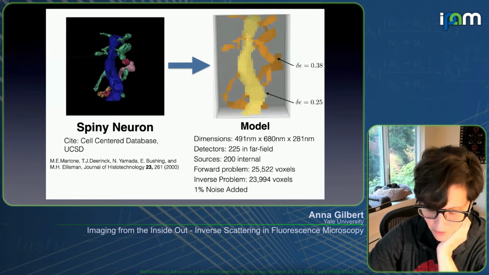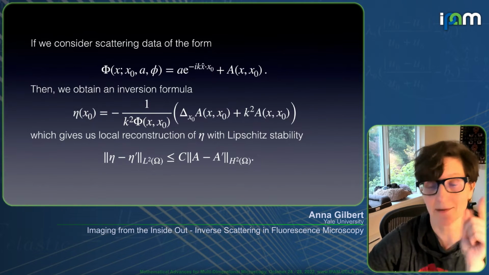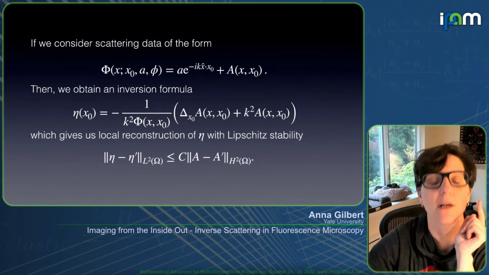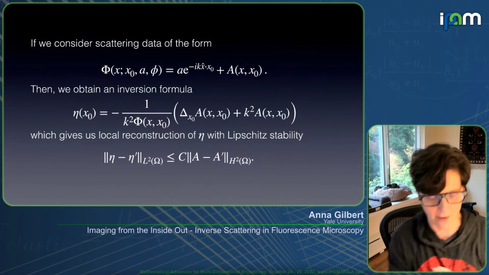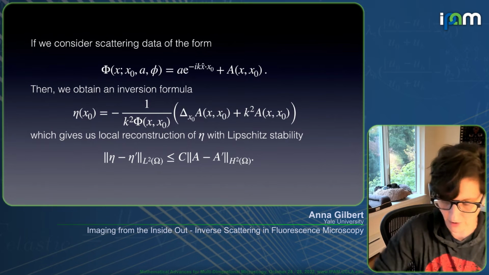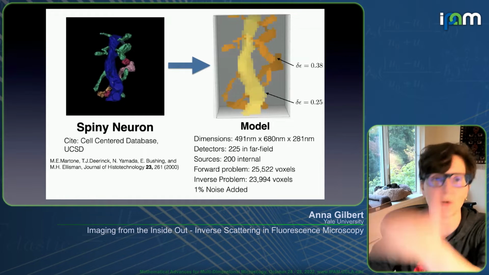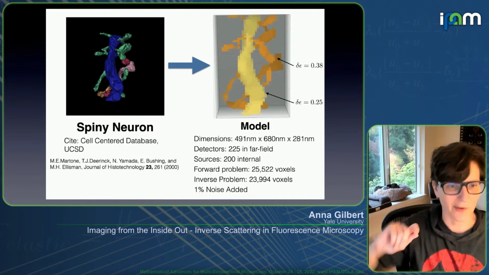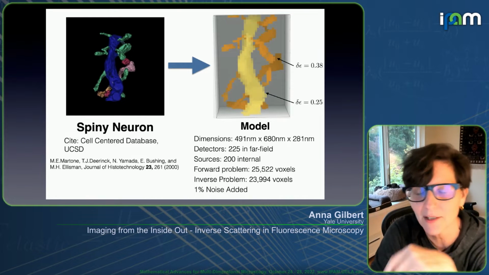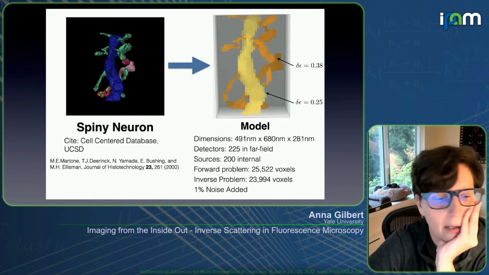Okay, so in one paper, we took this one simple idea that if I know all of this information about my internal sources, my fluorophores, I know exactly where they are, I know exactly their phase, I know exactly their amplitude, I turn them on, I turn them off, I collect measurements, then we are able to reconstruct not only the parts of the spiny neuron that we use as our example, but also we're getting, if you will, a complete picture inside the object.